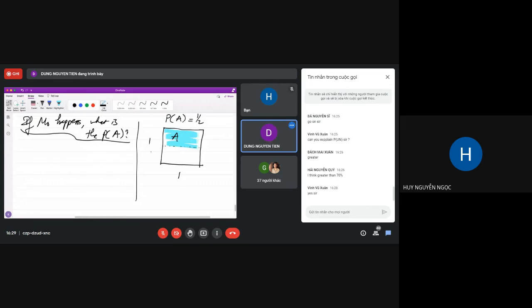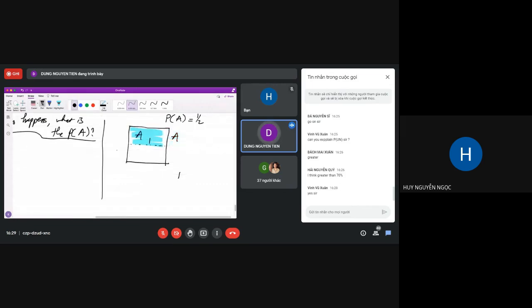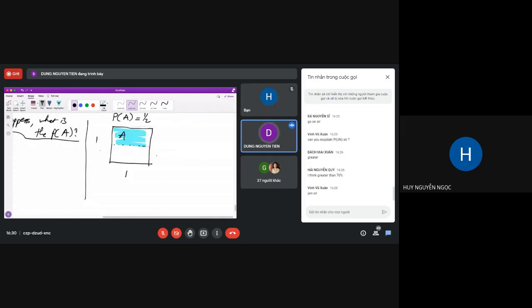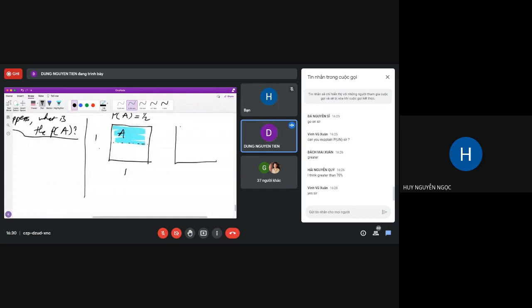If I consider another one like this, let's say you get this triangle, then what is the probability that if you pick one point from the square, it belongs to the triangle?